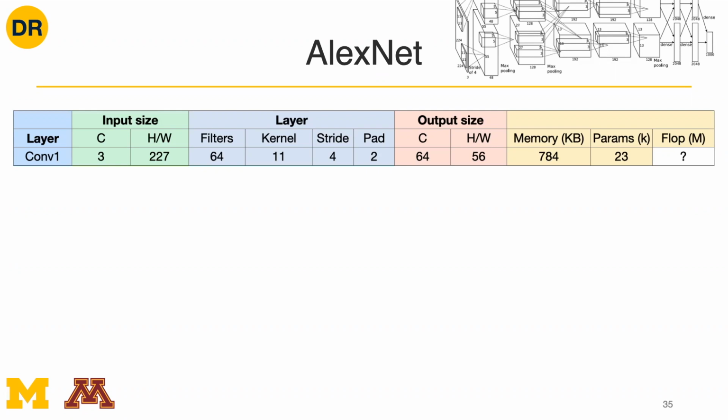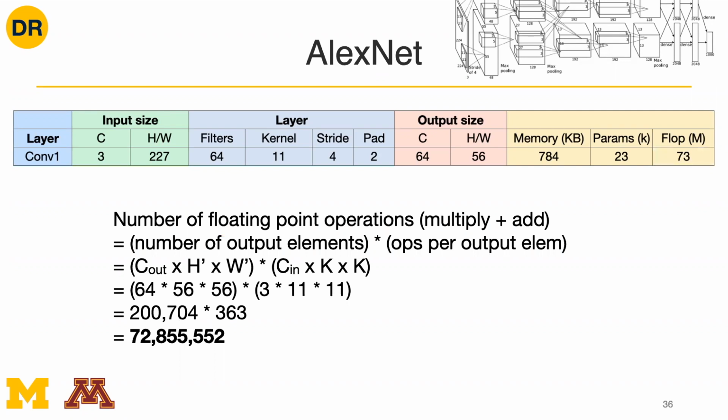For each value in your output, what was the operation that went into computing it? It's basically an inner product. So if you're computing flops, it's the number of output elements multiplied by the filter size, which is 3 cross 11 cross 11. Good.